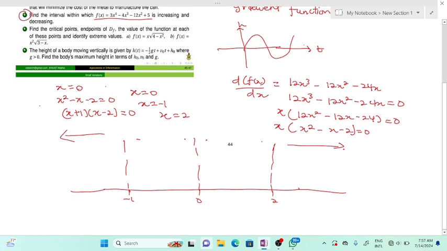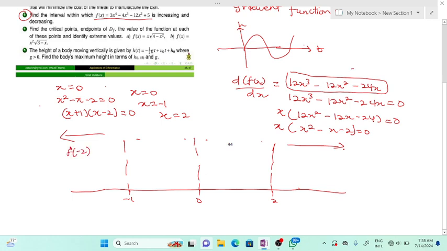Putting negative 2 inside this function, you simply have 12 multiplying negative 2 to the power of 3. Just put this on your calculator, okay? Then minus 12. I'm just substituting, I've chosen any random number here. So f prime of negative 2. Then minus 12 times, open brackets, negative 2 all squared.